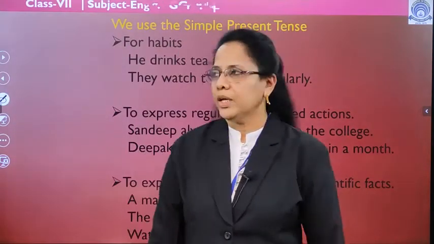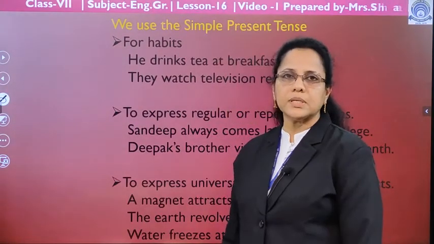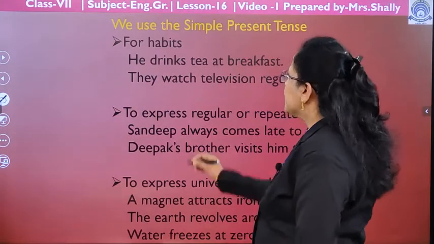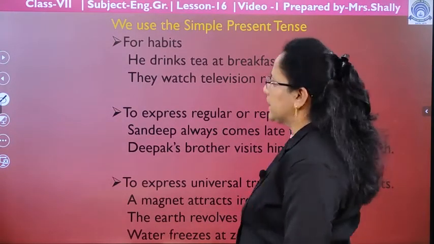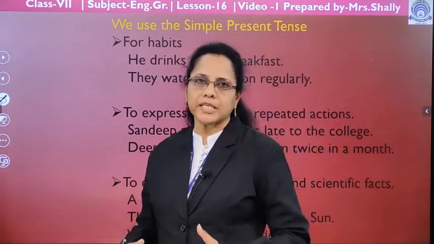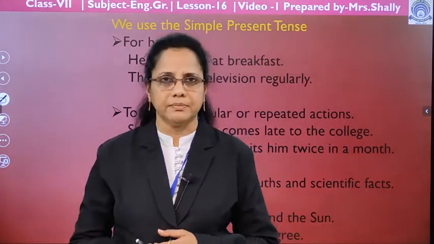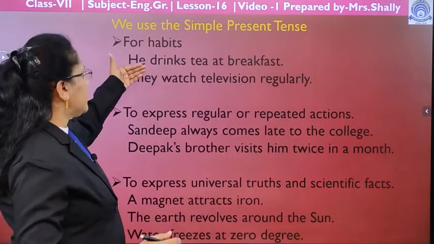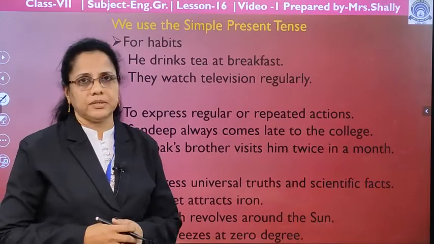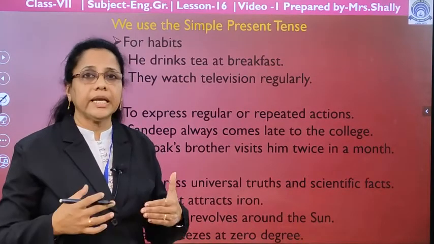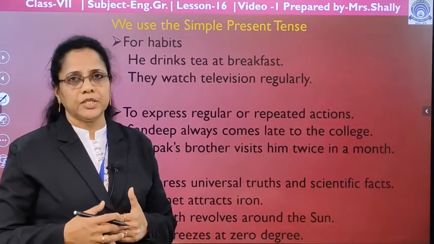Now let's see when we have to use this simple present tense. We use simple present tense for habits, to express habitual actions. For example, he drinks tea at breakfast. That is his habit. Daily he drinks tea. So it is a habit.